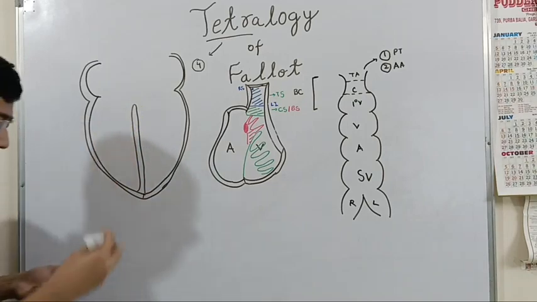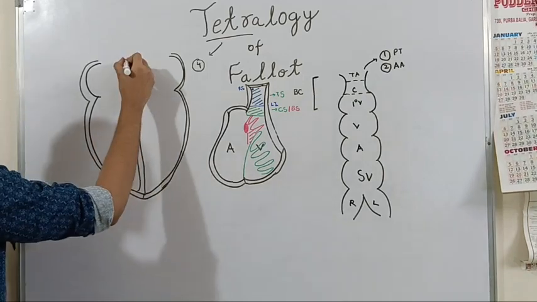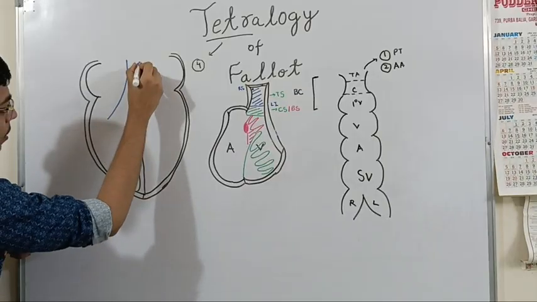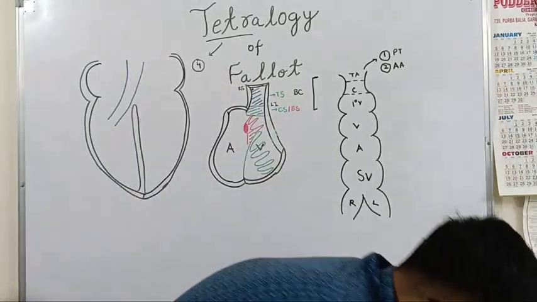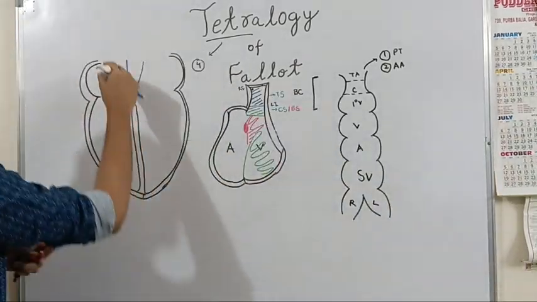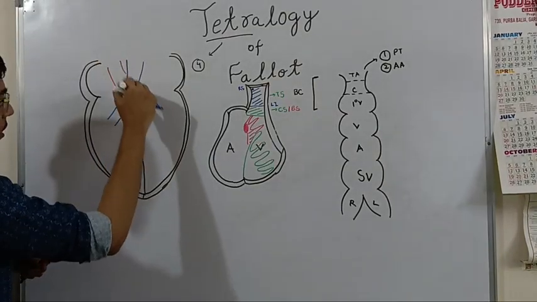This is the interventricular septum. This is the pulmonary trunk. And this is the ascending aorta.